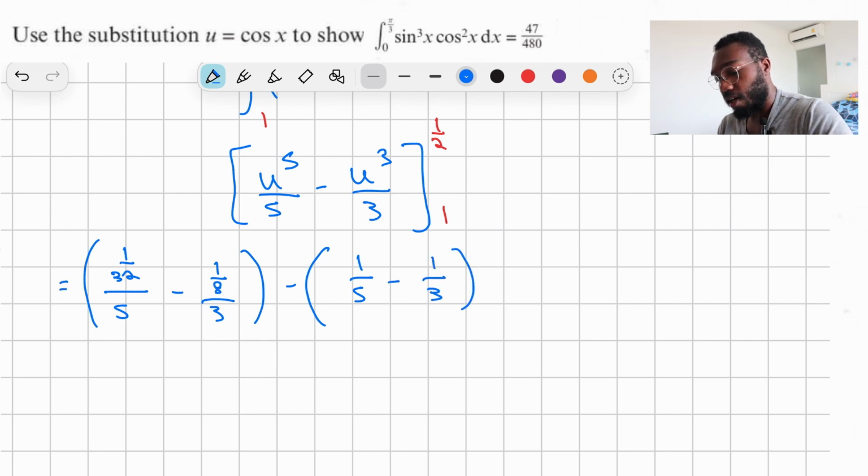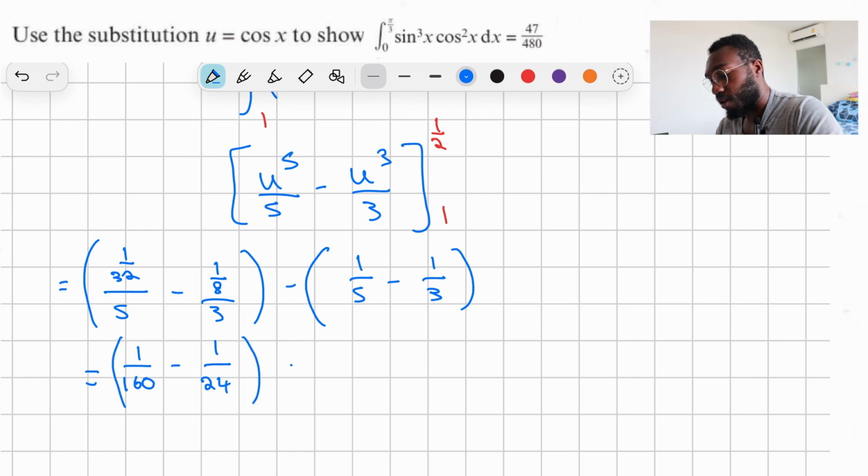If we work this all out, 1 over 32 divided by 5 is the same as 1 over 32 times 1 over 5, so that'll give us 1 over 160. And then doing the same thing with this, we get 1 over 24.